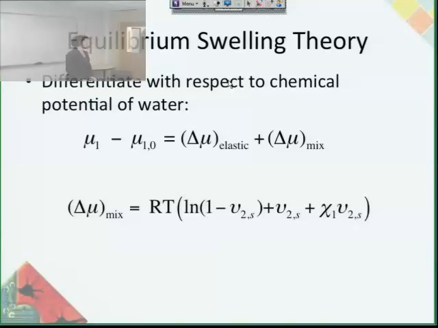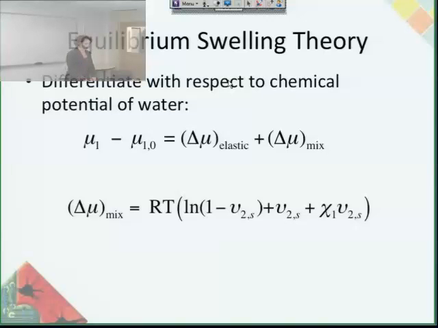So it's important to know that the chemical potential change at equilibrium is zero. So that means that you can make the two sides equal to each other or to the negative of each other. So you can basically plug in zero for the chemical potential change and set the change in chemical potential of the elastic forces to the mixing forces.